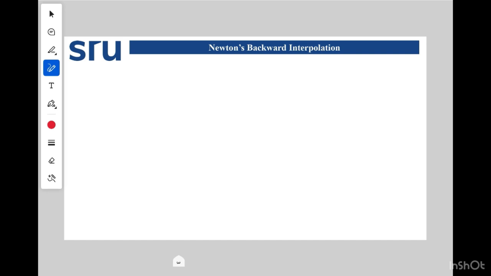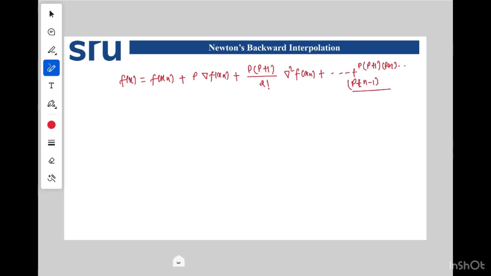If we have n plus 1 data points, we can write the function f(x) equal to f of xn plus p del f of xn plus p(p plus 1) divided by factorial 2 del 2 f of xn plus dot dot, up to p(p plus 1)(p plus 2) up to (p plus n minus 1) divided by factorial n, del n f of xn.